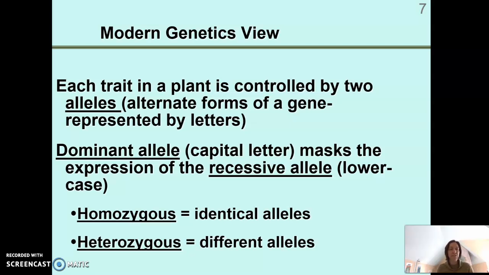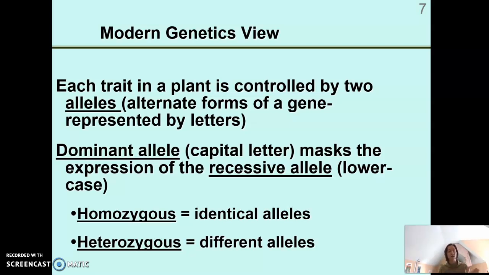So the alleles are dominant or recessive. We represent dominant alleles with a capital letter and recessive alleles with a lowercase letter. And the dominant allele is the allele that, it's not most common in a population, but it will mask the expression of the recessive allele when it's in combination with it.